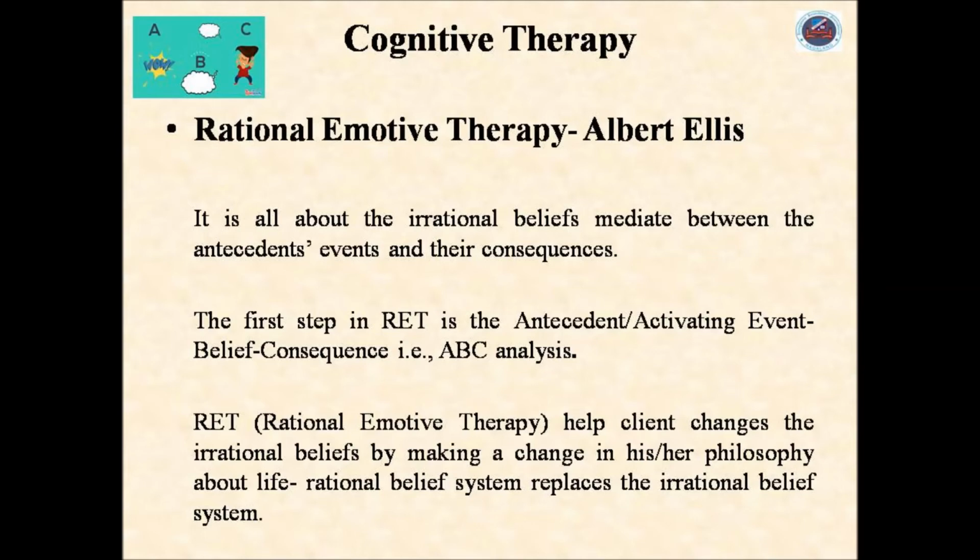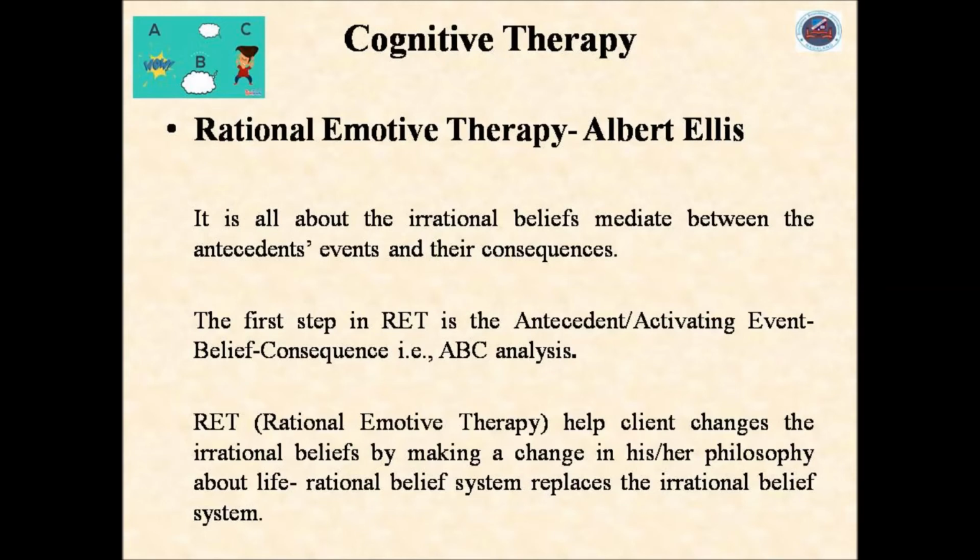It is all about the irrational beliefs that mediate between the antecedent events and their consequences. RET, also known as rational emotive therapy, also assumes that human feelings and emotions stem mainly from our belief system, from the way we think, our attitude, and our reaction to a given life situation.